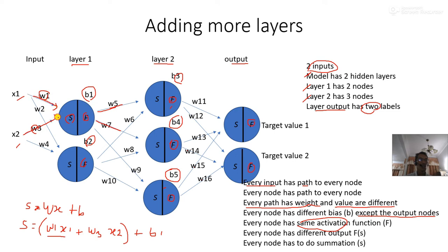Then you have another one: s equals w2 x1 plus w4 x2 plus b2.